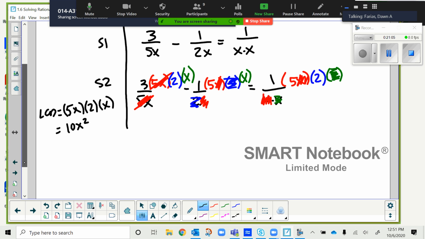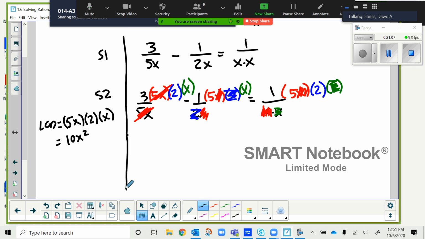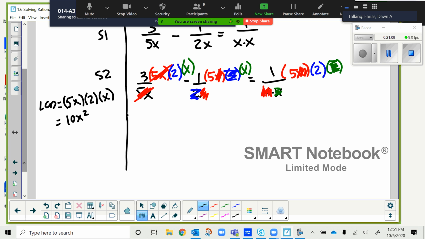So let's clean that up a little bit and see what we have still remaining. In the first term, we have a 3 still, and a 2 and an x. And then minus. What do we have left in the middle one? We have 1 times 5 times x.